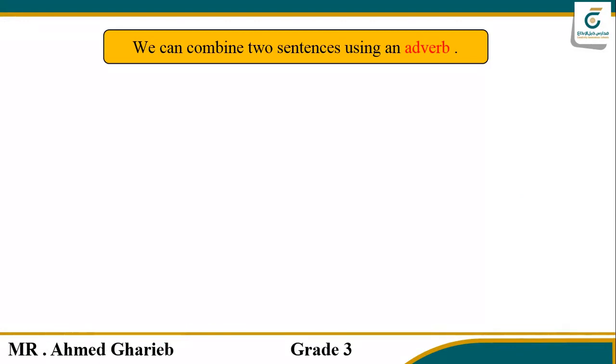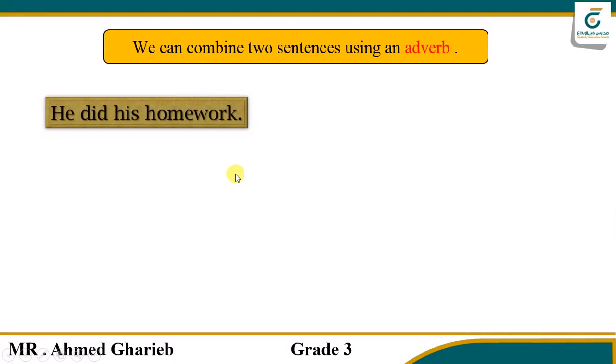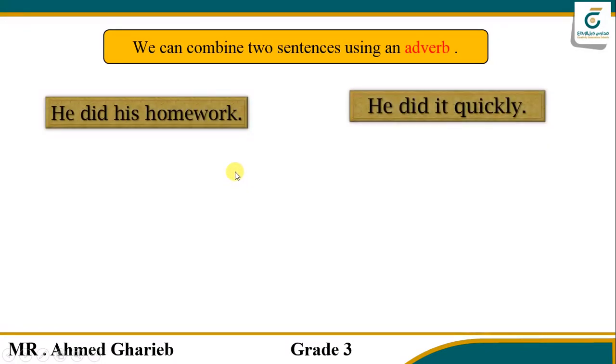Sentences using an adverb. As we use the adjective, also we can use the adverb. Look, he did his homework, he did it quickly. So the second sentence is just a repetition of the first one. It's the same. He did it, it means he did his homework.